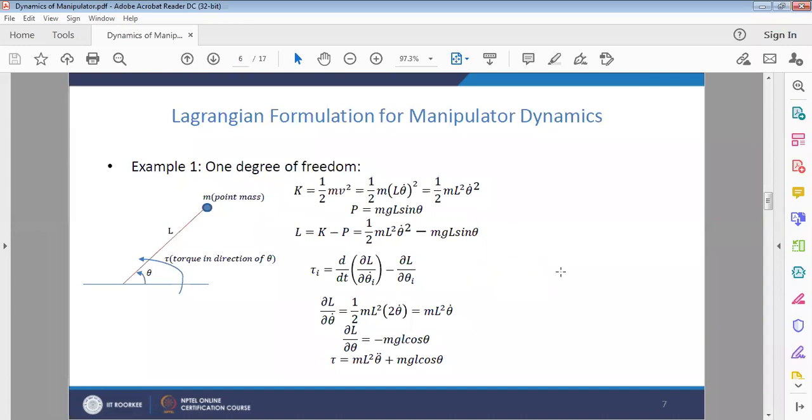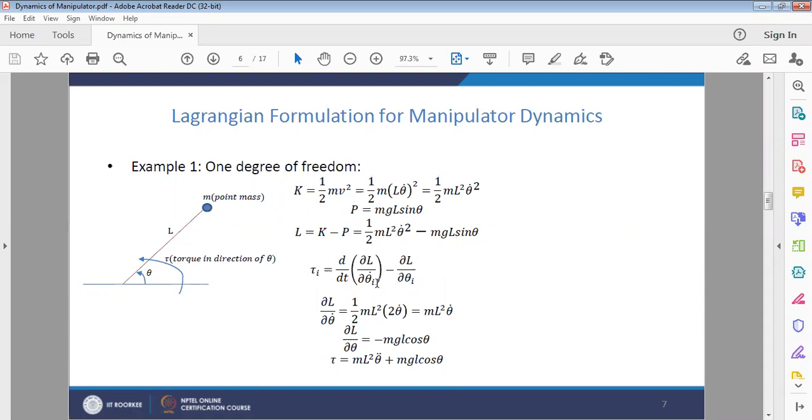Yesterday we discussed two problems. One is a 1 degree of freedom manipulator with a concentrated mass at the end of the link, having a rotary joint at one end of the link. For this problem, first we calculated the kinetic energy and potential energy of the mass, and then we developed the Lagrangian function, which is a function of theta dot and theta.